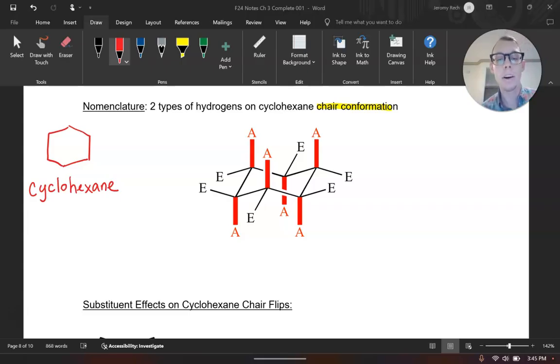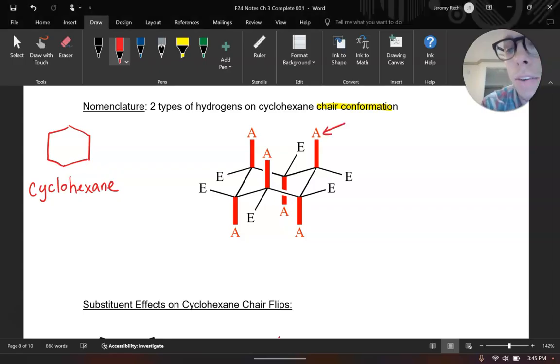So on my chair, you'll notice that there are 6 parts that are colored red, and those red ones correspond to axial positions. So this one right here, for example, is axial, and it also is going to have a direction with it. And here we see that it is going up above the ring, so we're going to call that axial up.